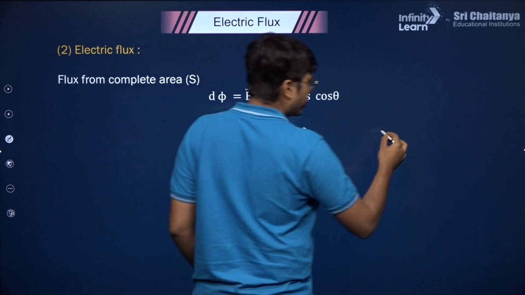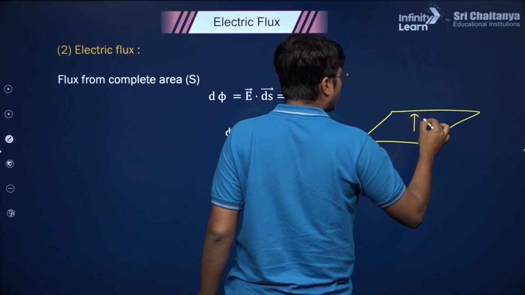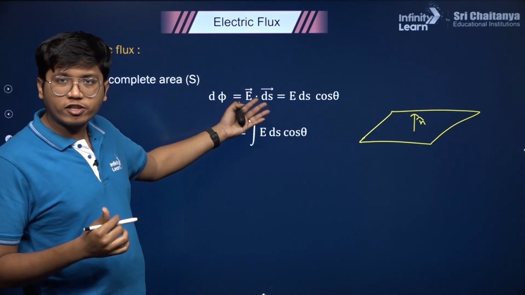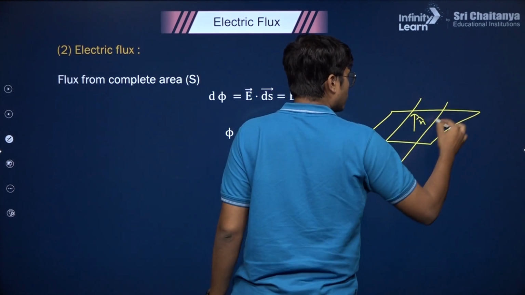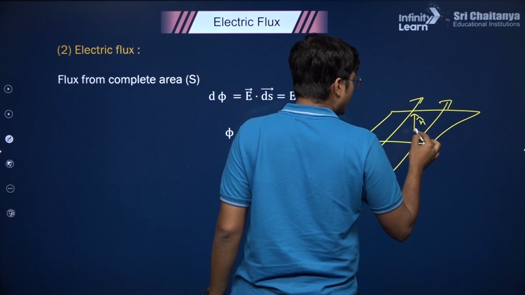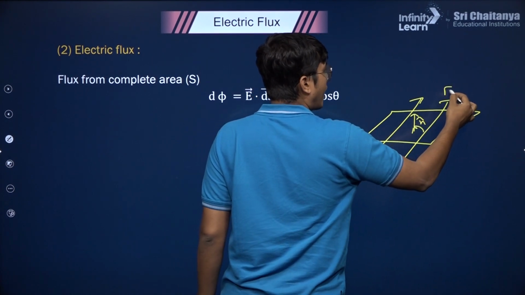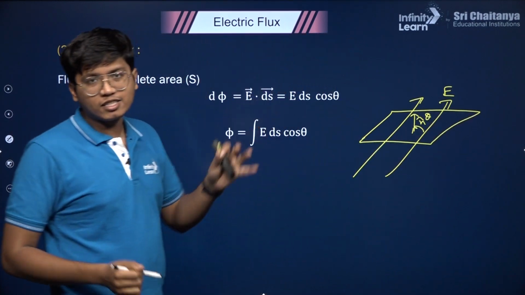If you have any area, that area has a normal vector that's always perpendicular to it, and you look at what the electric field is. Generally the electric field might be at an angle to this area. Then you figure out the angle between the electric field vector and the normal vector to the plane. If this is theta, then you have E ds cos theta.